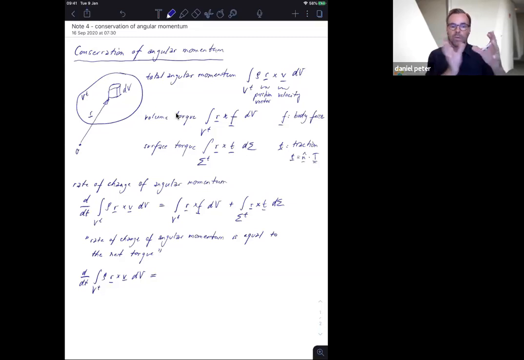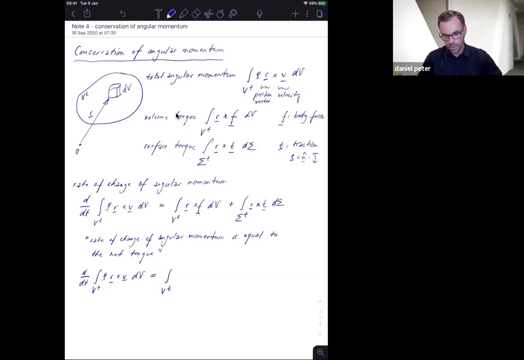We keep the volume fixed and we can take the derivative inside and then end up with a flux term, how much angular momentum would move in or out of the surface. And this surface term, with the divergence theorem or Gauss theorem, we rewrite as a volume integral. And then we can put everything under one volume integral.